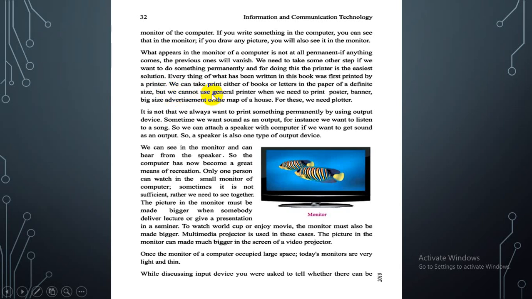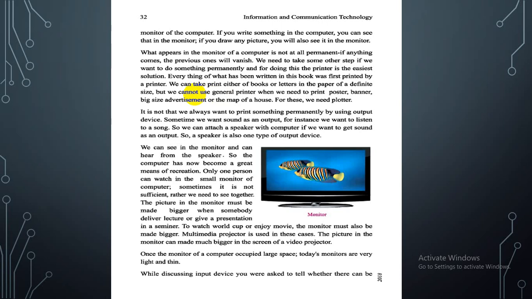We cannot use a general printer when we need to print a poster, banner, big size advertisement, or map of a house. The general printer gives us a definite size of paper, but for very uncommon sizes like poster, banner, big size advertisement, or map of a house, we need a plotter.